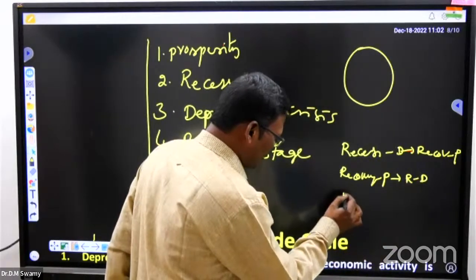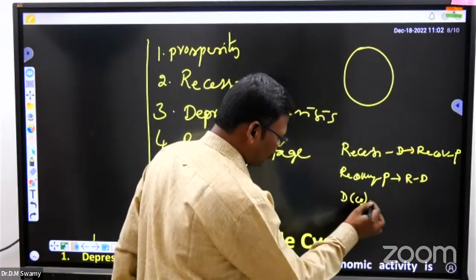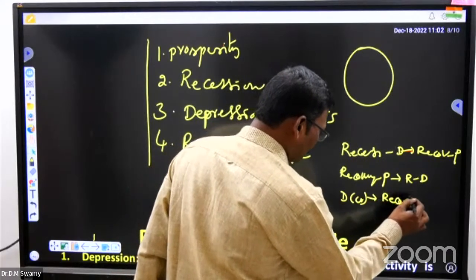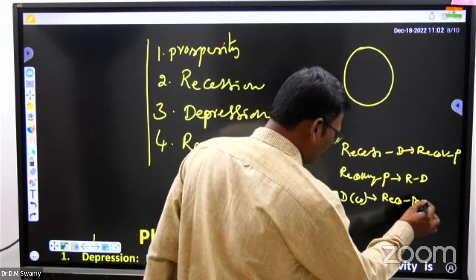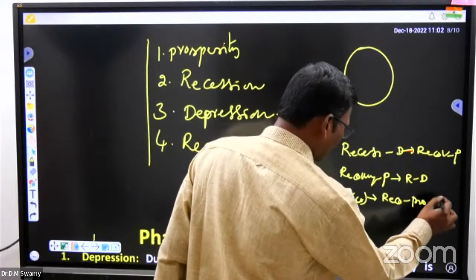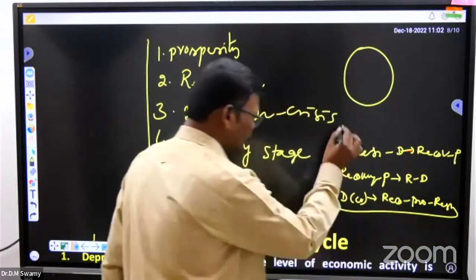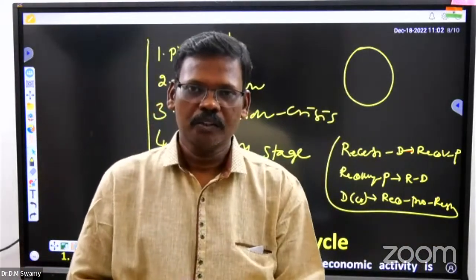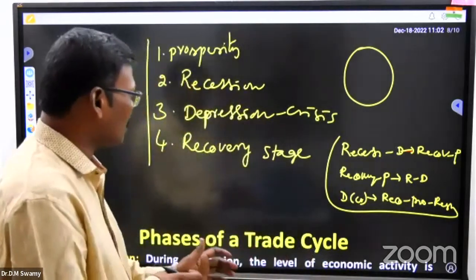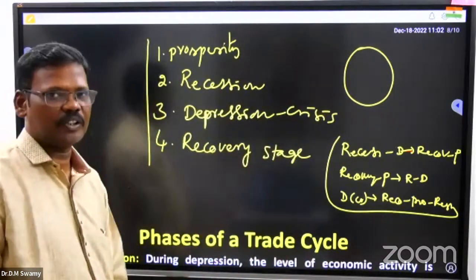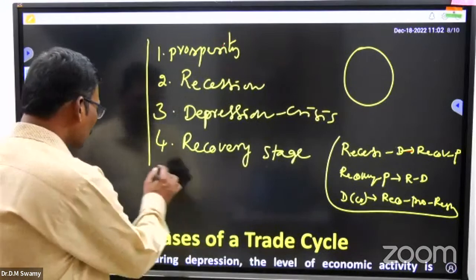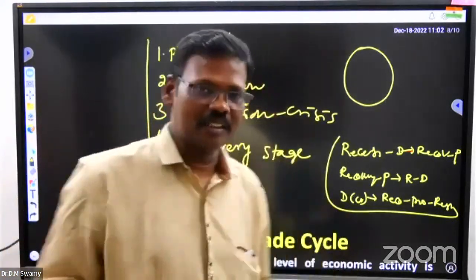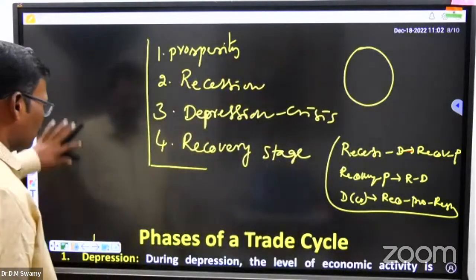If it started with a depression, which is called crisis, after that recovery, after the recovery prosperity, then recession. So we can understand this concept.